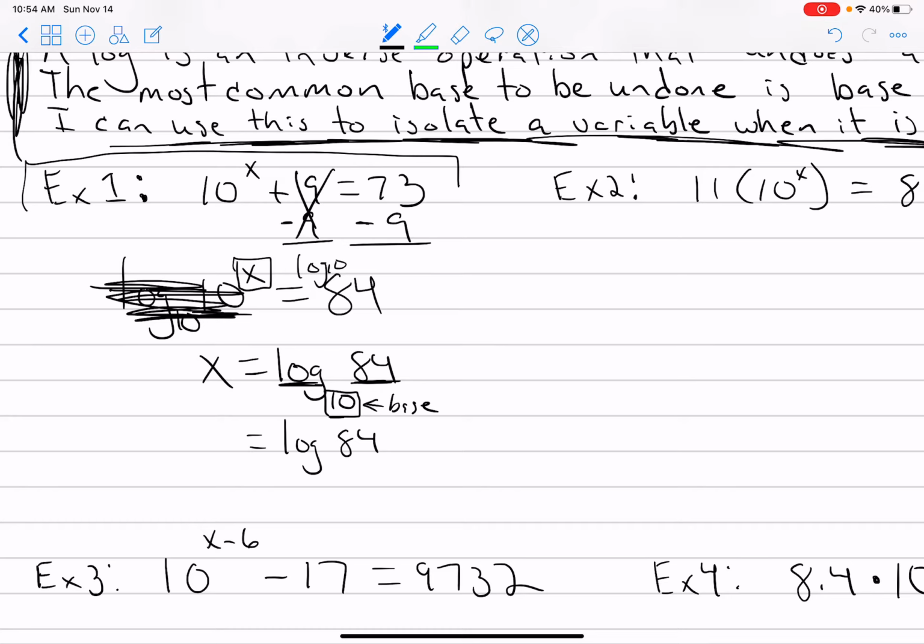When you do that, you get x equals 1.924, blah, blah, a whole bunch of stuff, but about 1.92. What does that mean? That means if you took 10 to the 1.92 power, you'd get about 84.